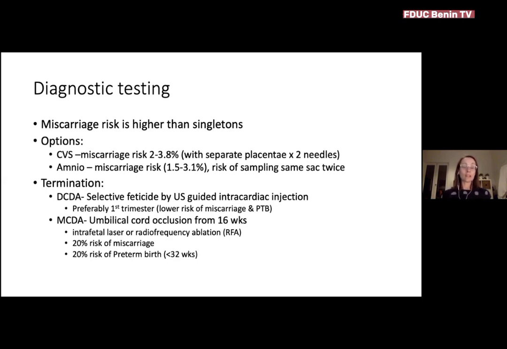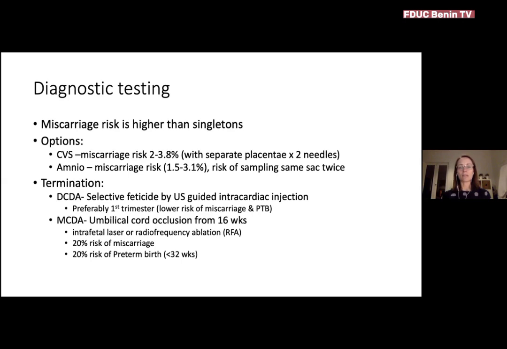With monochorionic twins, unfortunately, you can't use any sort of intravascular injection technique because it will be transferred to the other twin as well. And so the only option is umbilical cord occlusion from about 16 weeks gestation. And in Australia, we would do that by either intrafetal laser or radiofrequency ablation.